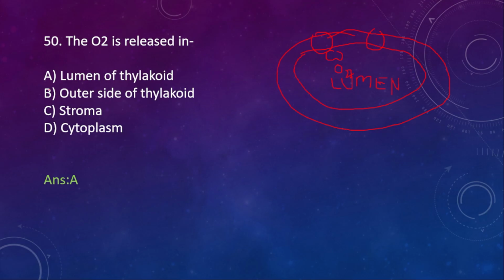So here the right option is lumen of thylakoid. Are you getting which diagram I drew? Inside the chloroplast there will be stacks of thylakoid, that is called grana. In that grana, only one thylakoid diagram I drew here.